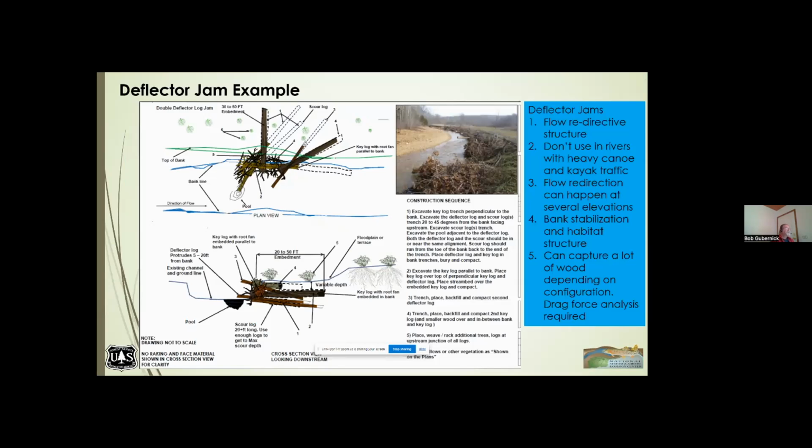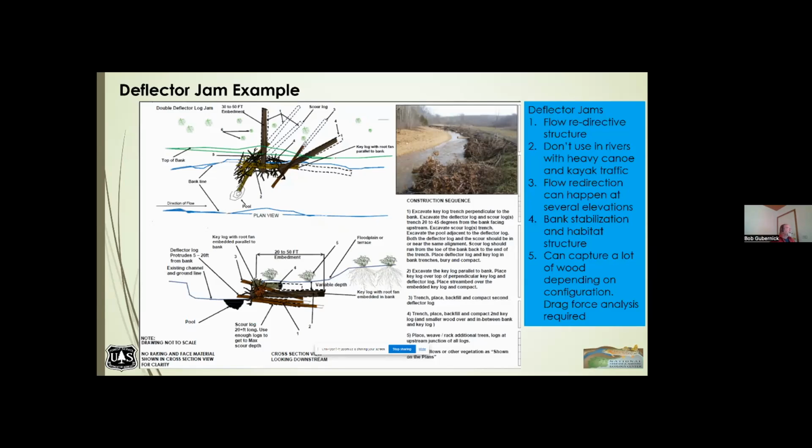The deflectors also are used to capture more wood. In this design, I have deflectors low and on the bed, and those are for utilization by aquatic organisms and to maintain a pool during lower water conditions.